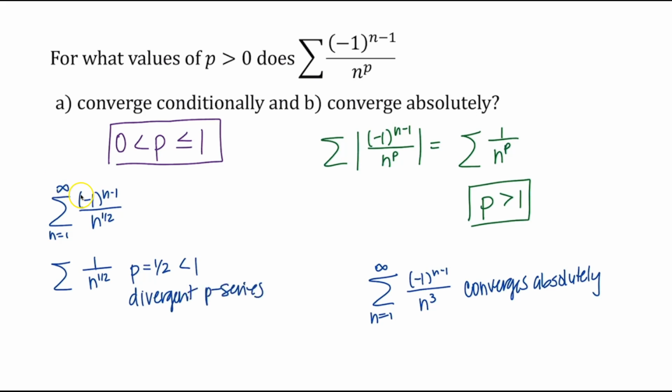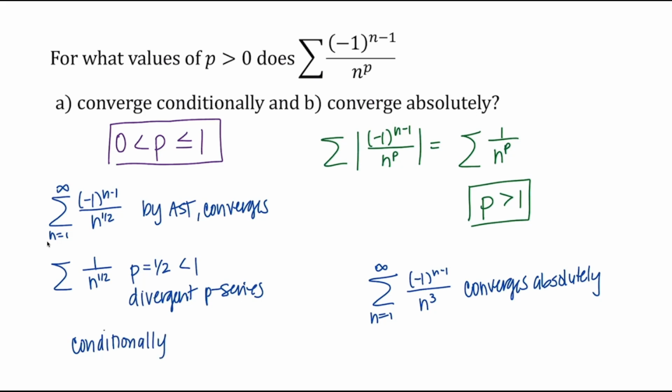But when you keep in the alternating piece, we were able to show by the alternating series test, we showed the 3 conditions, this converges. So this example where p is 1/2, which notice is between 0 and 1, including 1, so it's in that interval, we found that this was conditionally convergent.